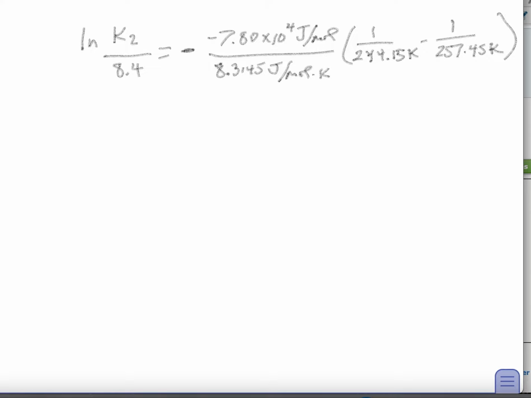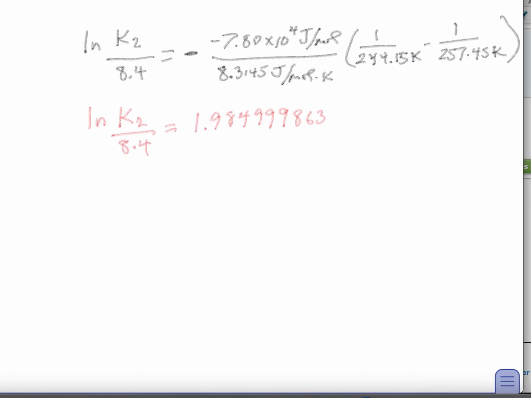It has to be a negative delta H because it's exothermic. It's losing heat, so it has to be negative. If it was gaining heat, it'd be endothermic and it'd be a positive number. That'll mess you up if you don't do the negative properly. Remember, the entire thing is negative, and then I'm going to use 8.3 as my gas constant, and then put my 2 in. You remember it's 1 over T2, so the 244 is my second temperature, and 257 was my initial.